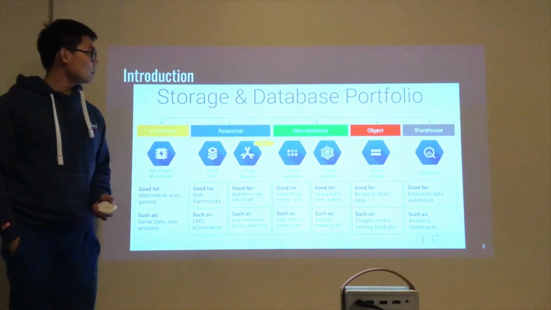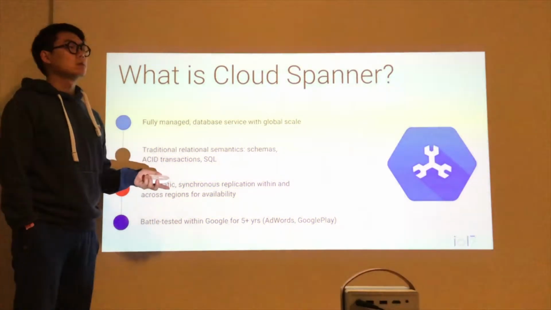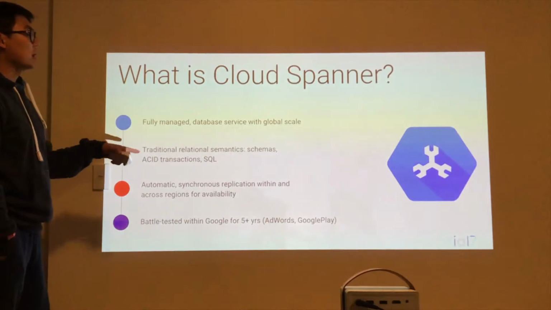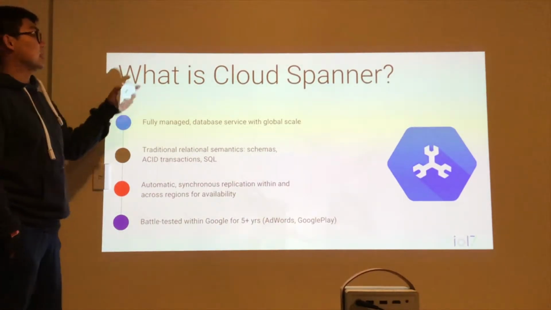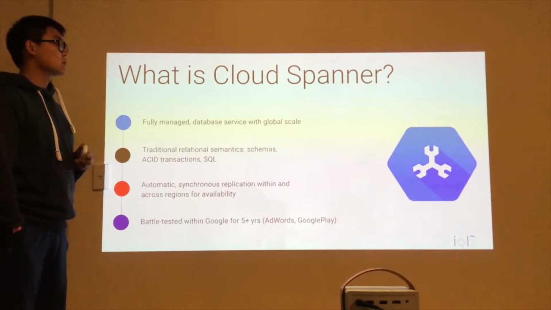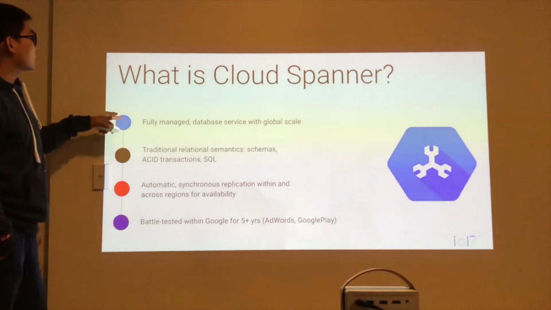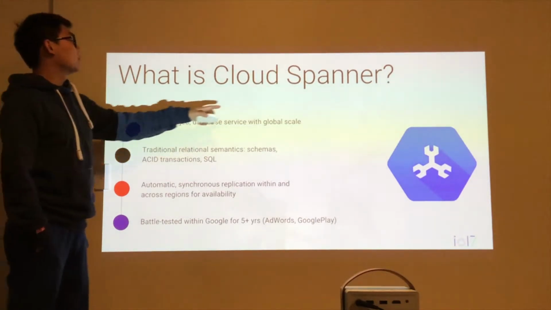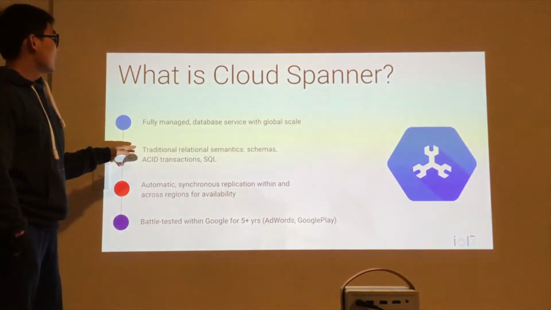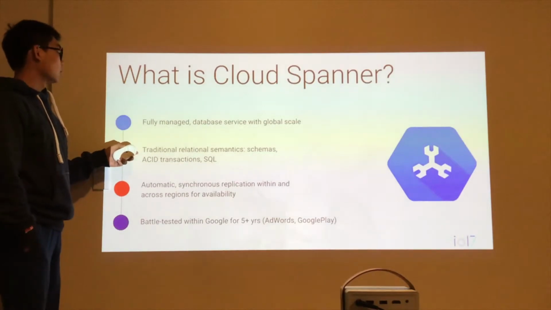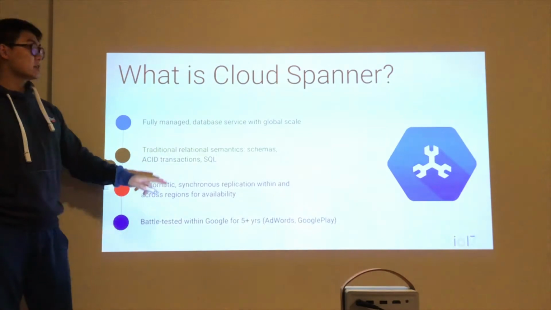Okay, so what is Spanner? Or what is the most interesting and key feature of Spanner? Here is another screenshot from I/O 17 from Google, which lists some key features of Cloud Spanner, which are also the most important characteristics of Spanner itself. We can see that Google Spanner is a globally distributed database with scalability, and it also fully supports and is compatible with traditional relational semantics, including schemas, ACID transactions, and SQL.